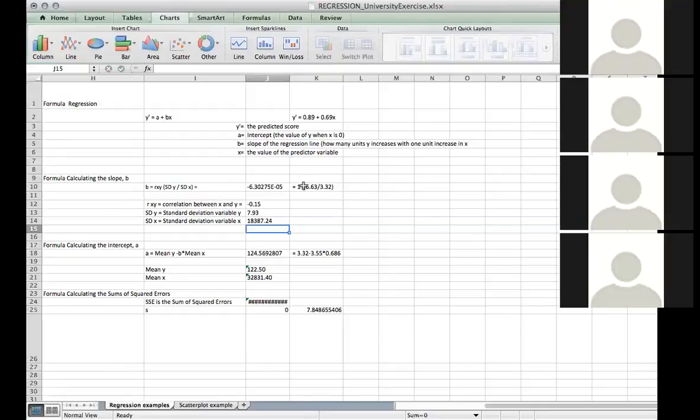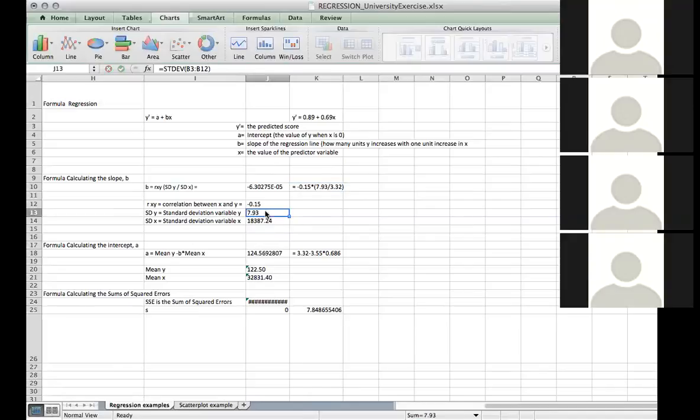Now here the formula, I typed this out to make it explicit for the other examples. So I'm just going to type this out. You don't really have to do this. This is just an illustration, right? So this formula would be the correlation, negative 0.15, times the standard deviation of Y, that's 7.93, right?